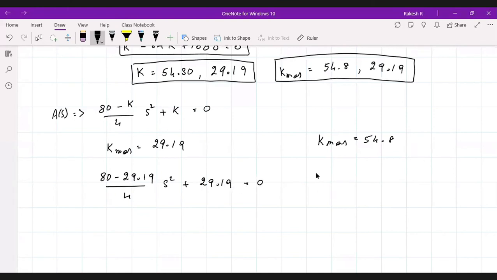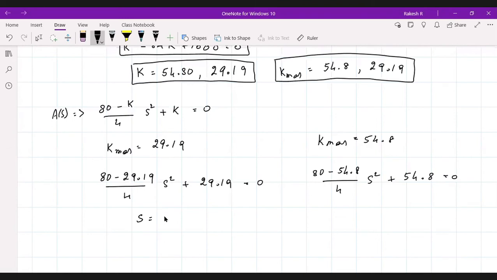And similarly here, (80 minus 54.8) divided by 4, s square, plus 54.8 is equal to 0. Now calculate this and find the roots of s.